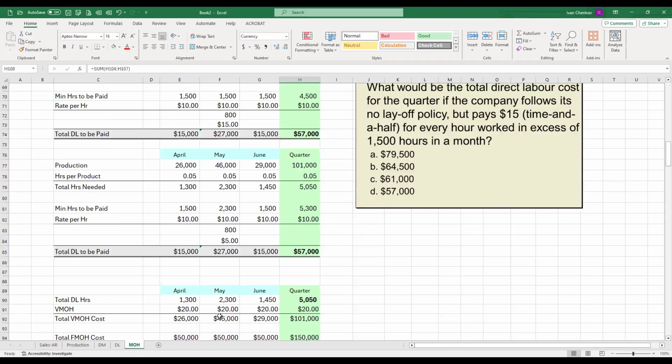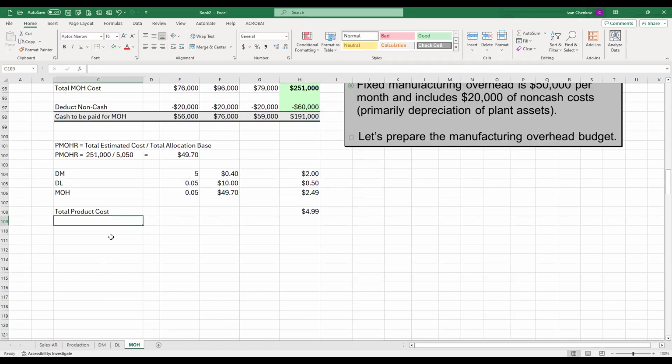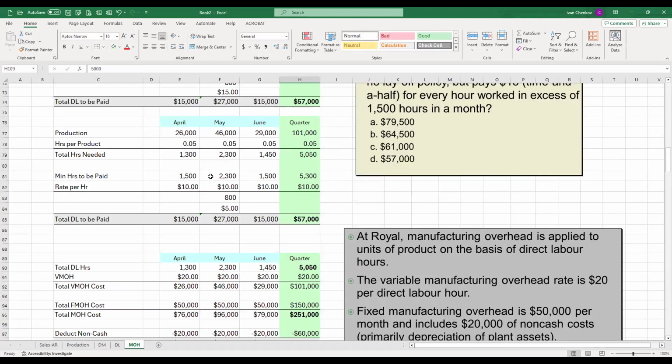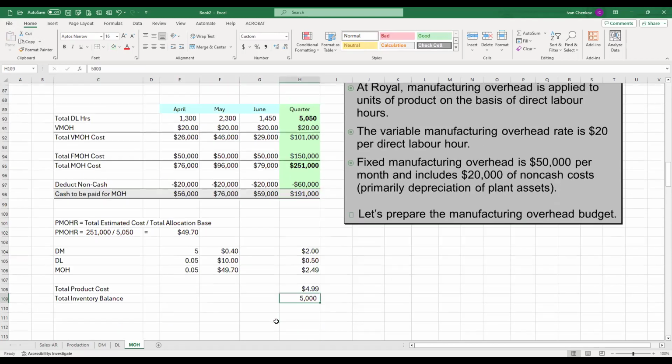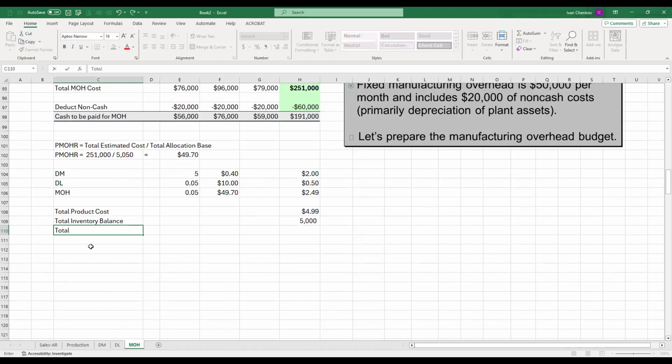So if I know that, then I know the total inventory balance is 5,000 units. And since I know that, I can easily calculate my total inventory cost at the end of the quarter.